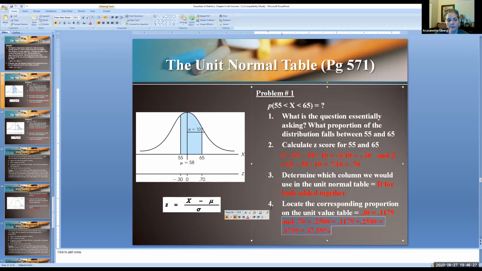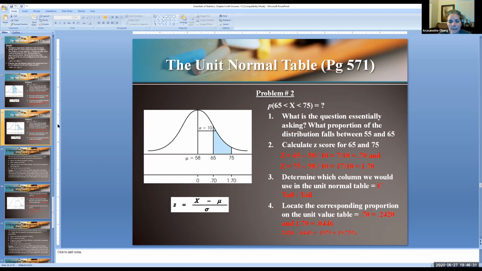Make sense? Okay, hopefully. Now let's look at probability, our number 2. Again, put me on pause and try to figure it out, but we're asking for what's the percentage of scores that fall between 65 and 75, and you're thinking, hold on, that's not the probability or the full tail because it's cutting this off. So there's a couple of ways that we can do it, right?